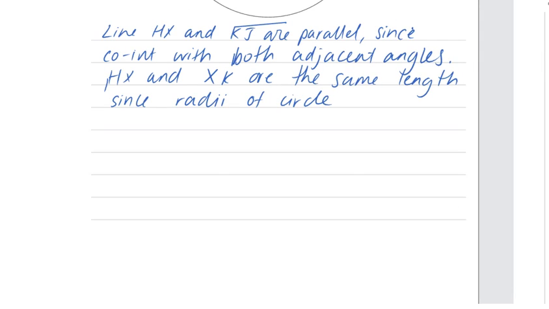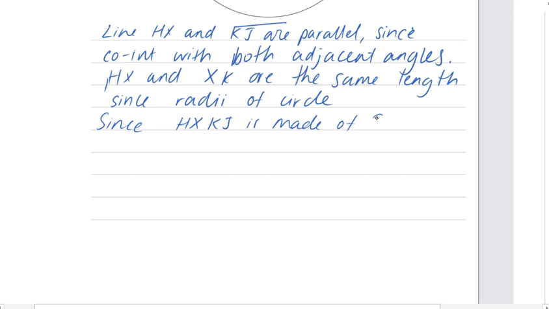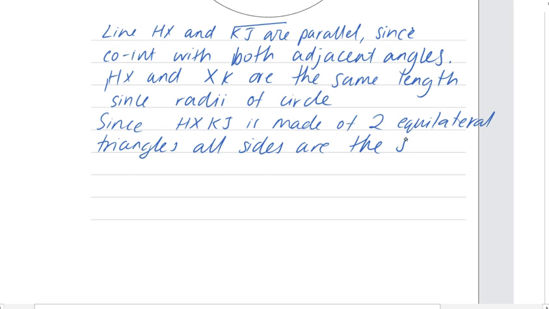So since HXKJ is made of two equilateral triangles, all sides are the same length.